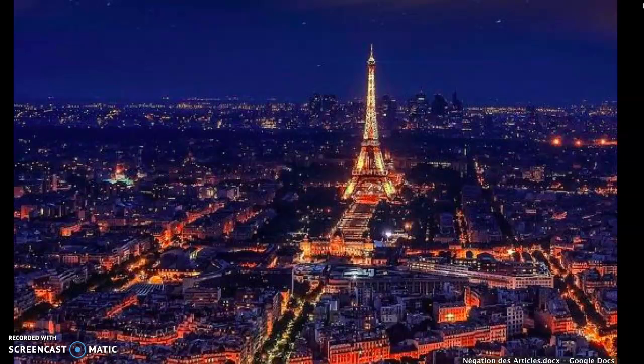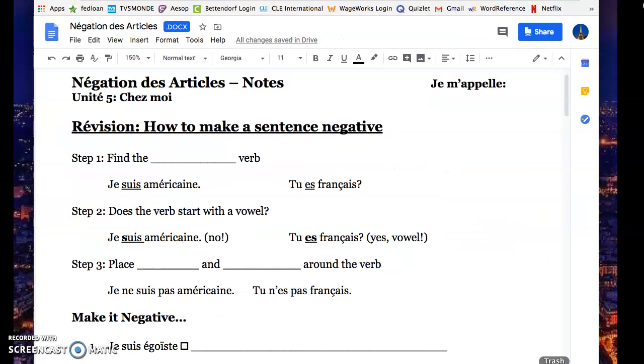It's gonna be weird. Okay, so I would suggest that you guys have printed out these notes if you can, if you have a printer. Also, you should probably have a pencil or a pen to take notes. If you're not able to print these out, then just go ahead and make a copy of the notes that I attached on Google Classroom, and you can just type along with me.